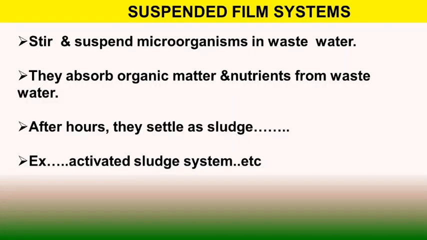In the suspended film system like the activated sludge system, there is continuous stirring and suspended microorganisms in the wastewater which absorb the organic matter and nutrients from the wastewater, and naturally they settle as sludge, and after settling the remaining water is taken out from the system.